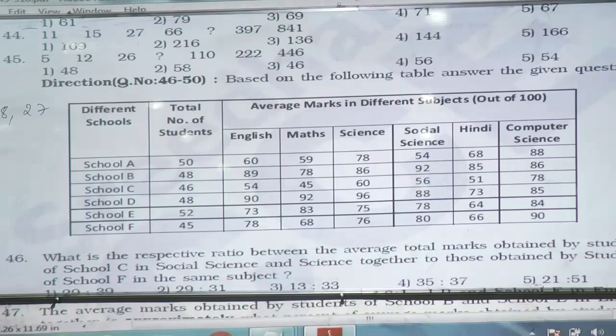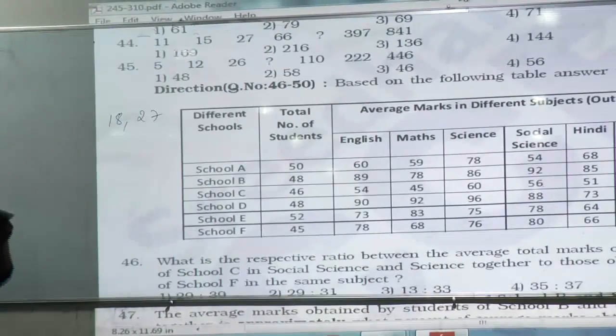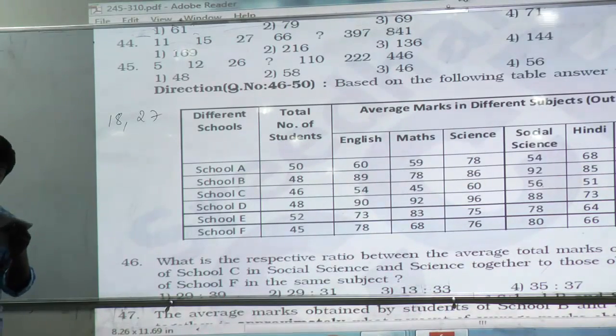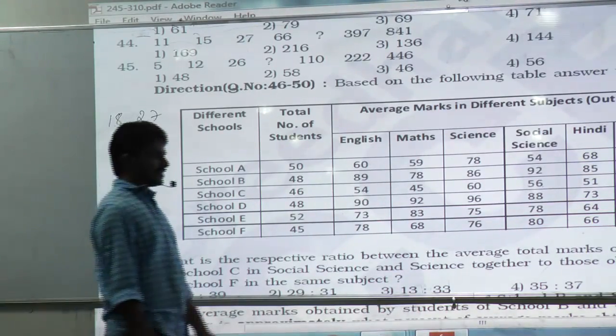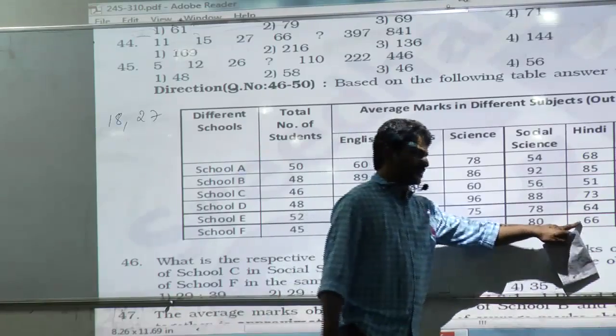Now, what are the average marks secured by all the male students of school F in Hindi, if the ratio of total marks secured by male and female is 4:5?